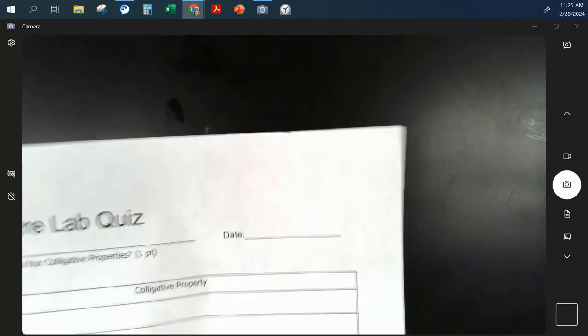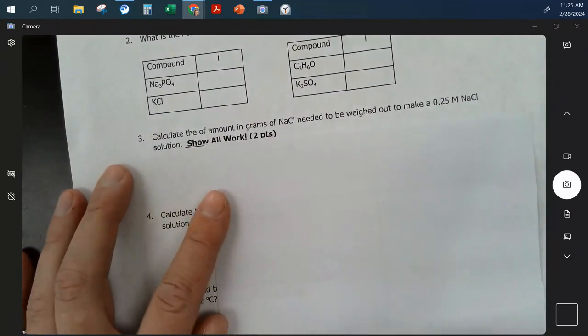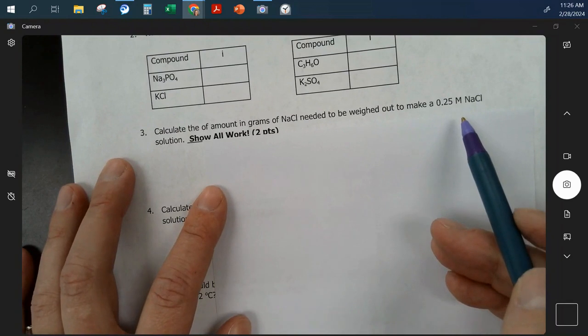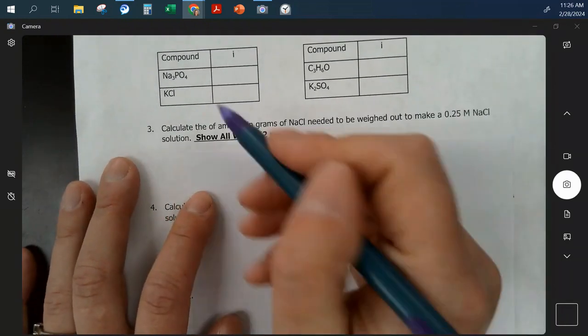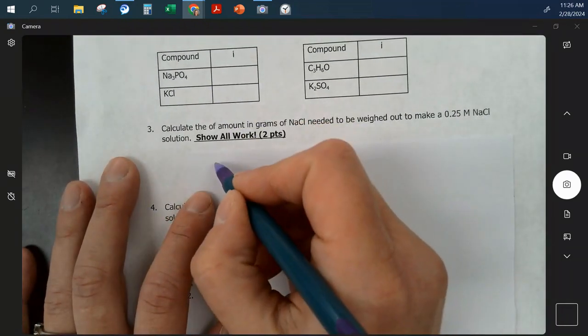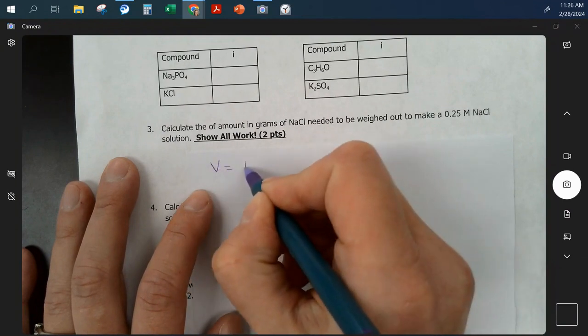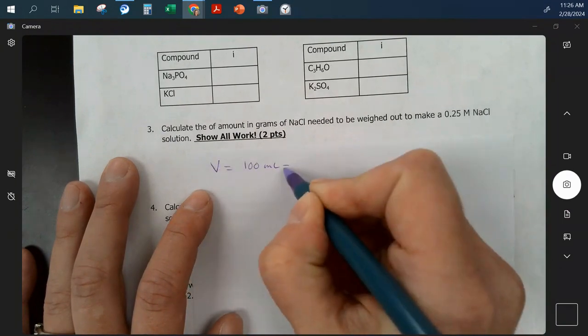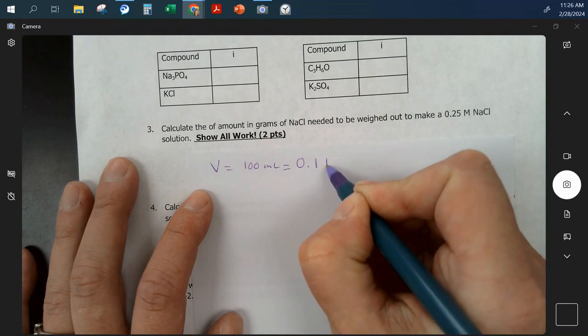So that's what you need to do for the first sample with salt. That also tells us the volume that we're going to use here. So our volumetric flask is 100 milliliters. So the volume is 100 milliliters, which is the same as 0.1 liters.